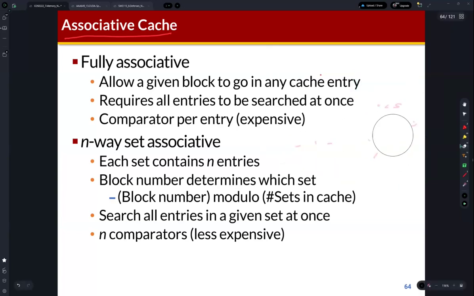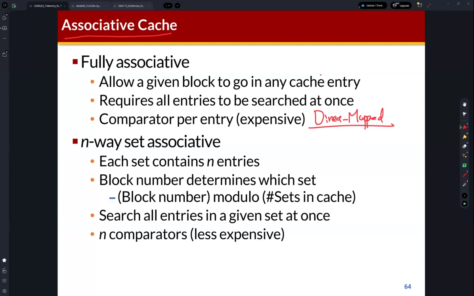When we learned about the cache, firstly we learned about the direct mapped cache. What does that mean? We can use part of the address field as the index of the cache, right? So this is the direct mapped cache. And then one student asked about the disadvantage of direct mapped cache.